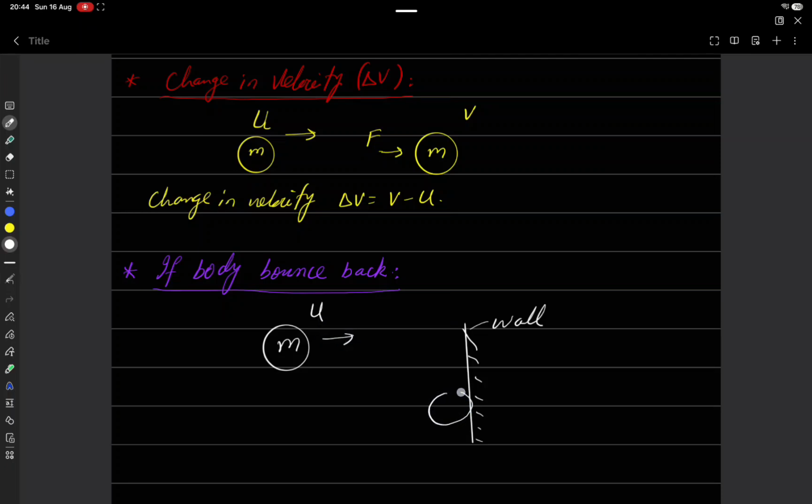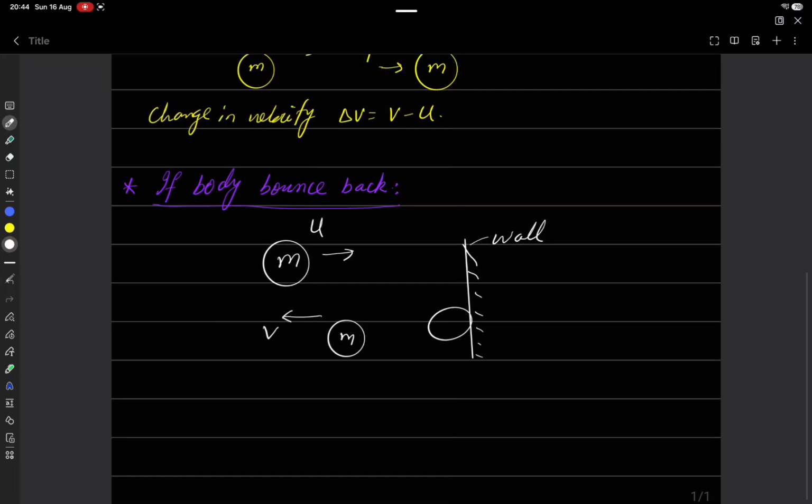After collision with the wall, it bounces back with velocity v. So change in velocity is equal to final velocity minus initial velocity. Final velocity is minus v, so minus v minus u.